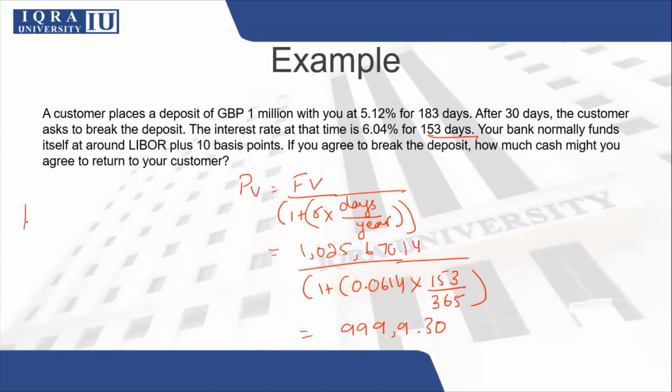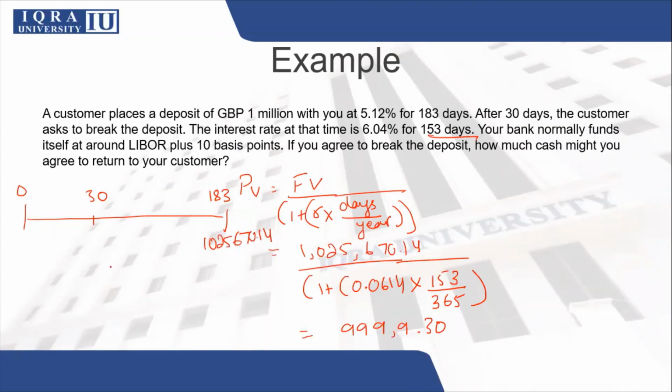So let's make a timeline once again. 0, 30, and you had 183. If you would not have broken the deposit, you would have got 1,025,670.14.